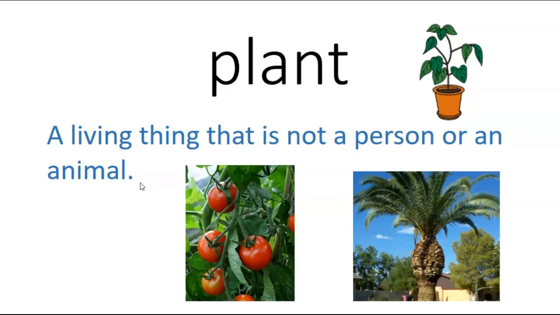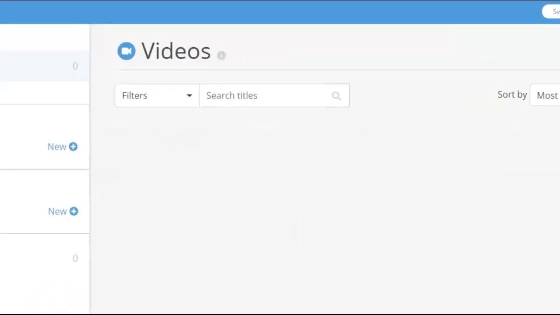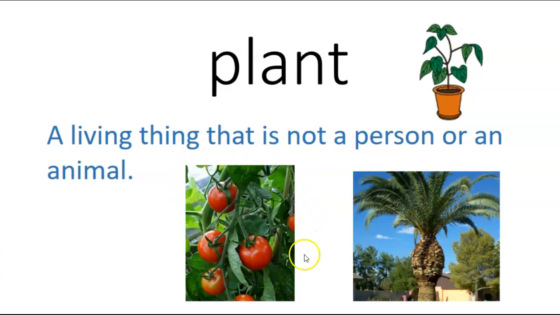Of course we see plants all over the place. This palm tree is a plant. And this tomato plant is also a plant. If you go outside or look out your window, I'm sure you'll see many plants in the form of trees, flowers, weeds, grass. Plants are everywhere.